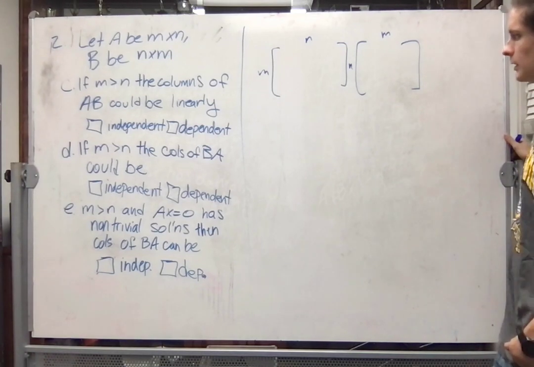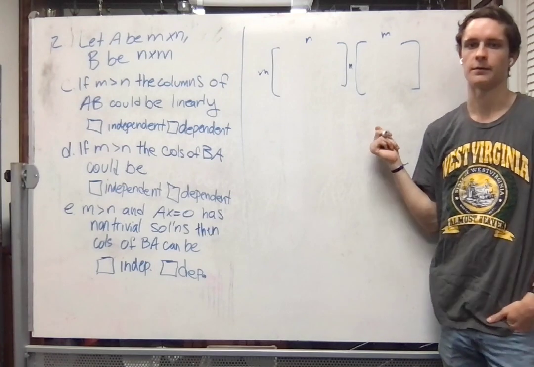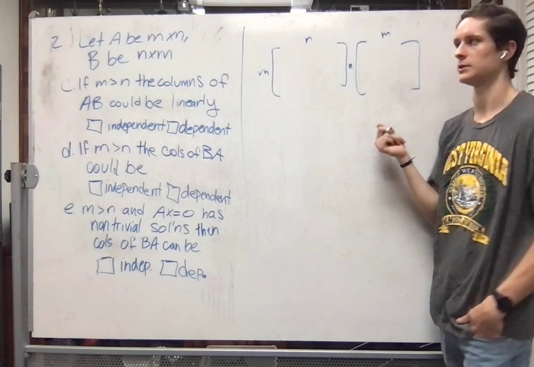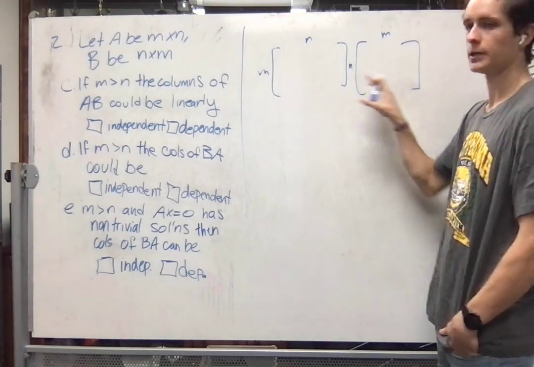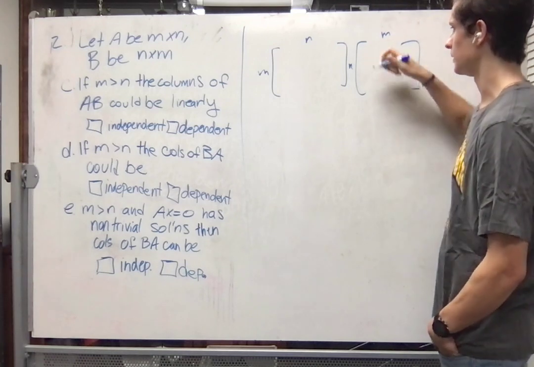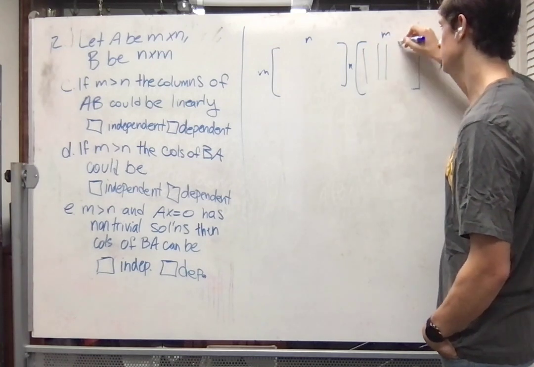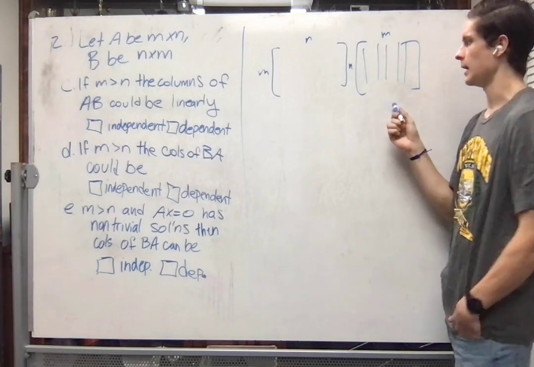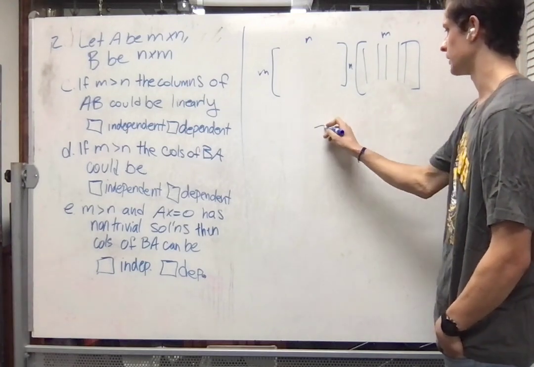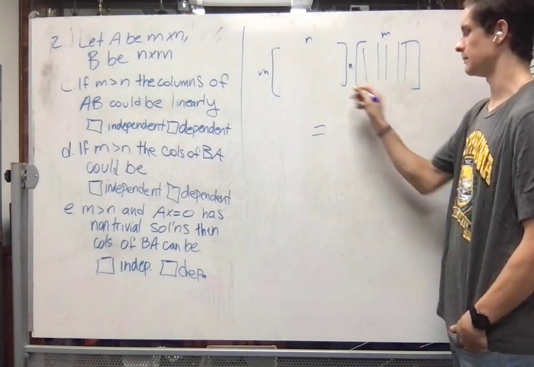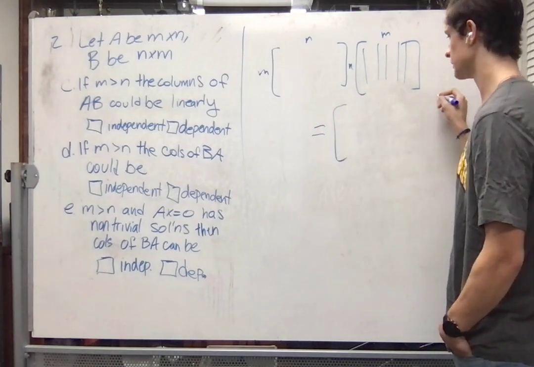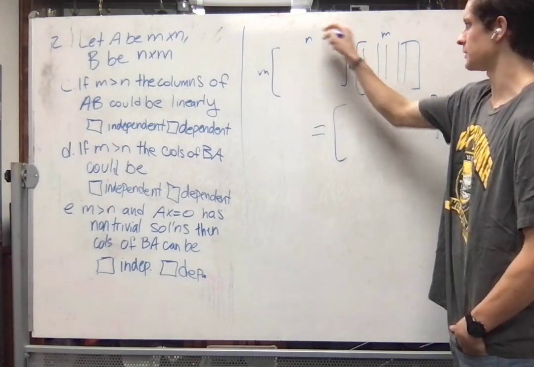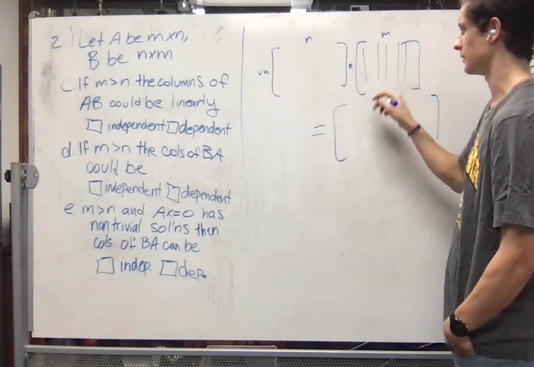So one useful way that you can think about matrix multiplication sometimes is that with a matrix times a matrix, you can look at the columns of the second matrix. In the product, you take the first matrix and multiply it by each column.